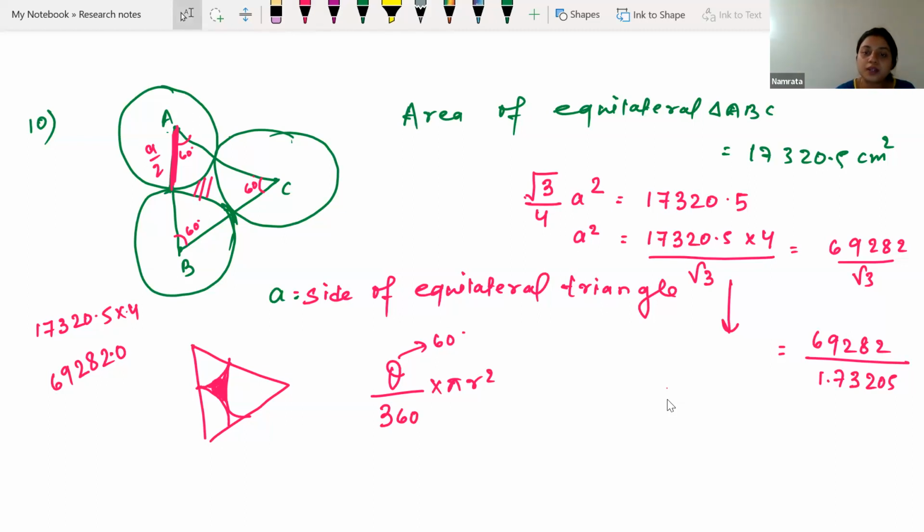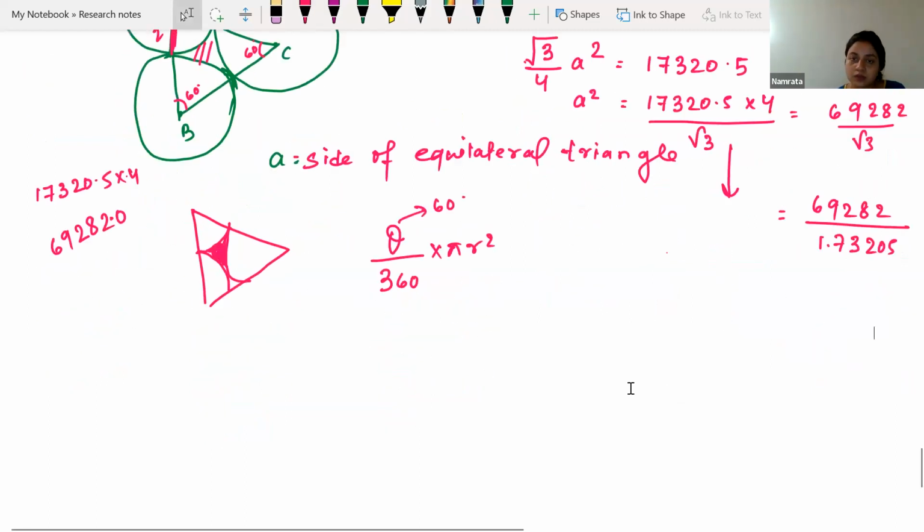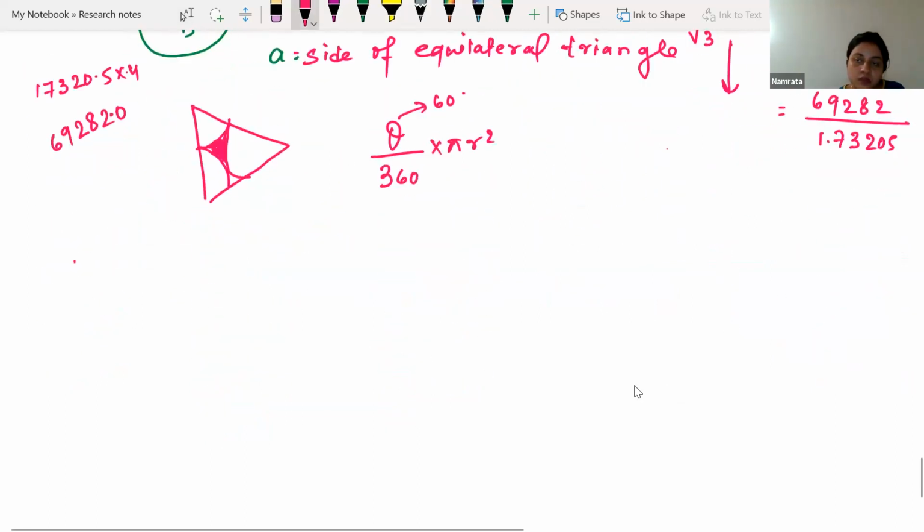When you do the multiplication, 173,205. Suppose I am not taking the decimal for now. So 17 3 times 51, 17 4 times.